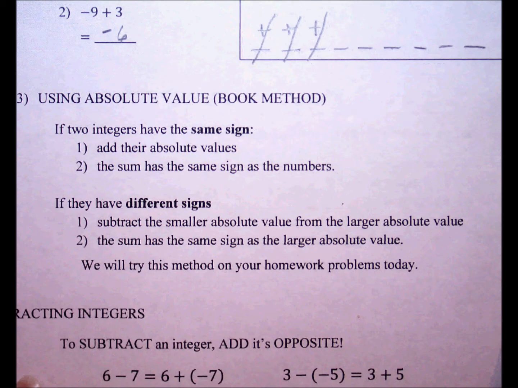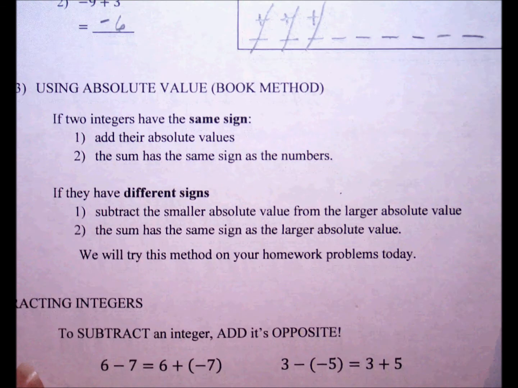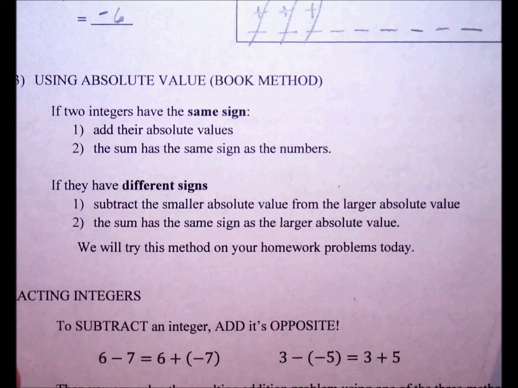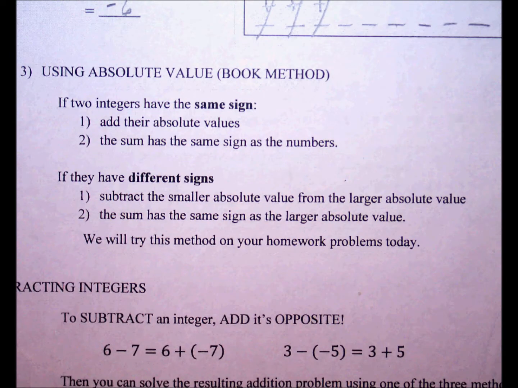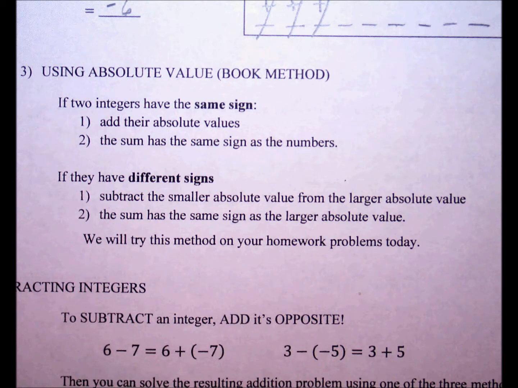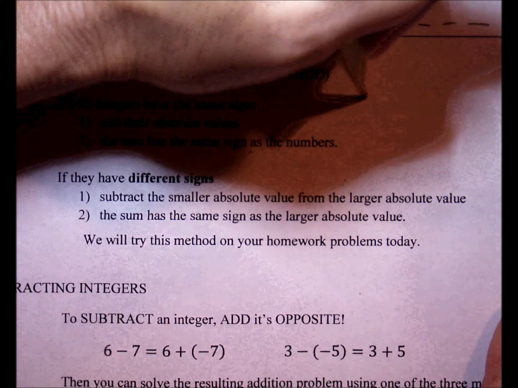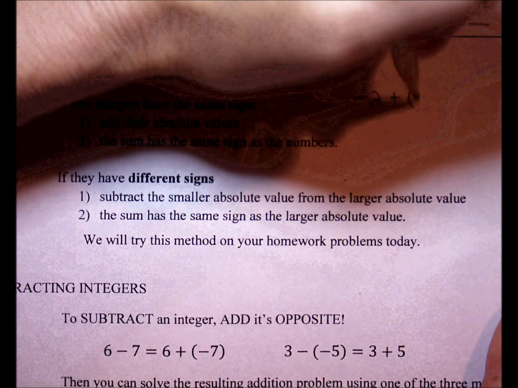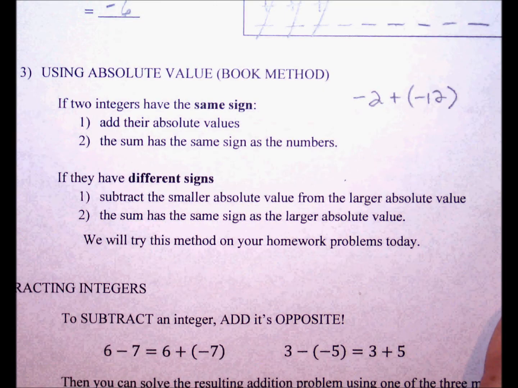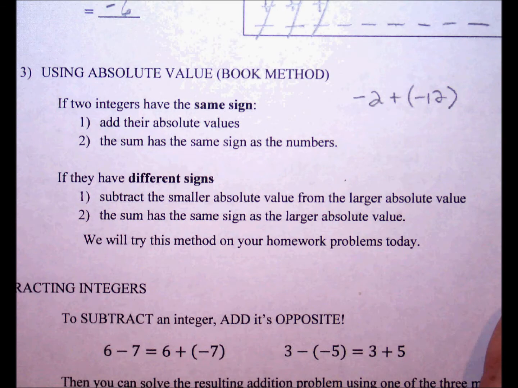Now we're going to look at the book method, and I'm going to do a little sample problem off to the right here, and I'd like you to write it down also. If 2 integers have the same sign, we're going to add their absolute values. So you take the absolute value of each integer, and then your result has to have the same sign as the original integers.